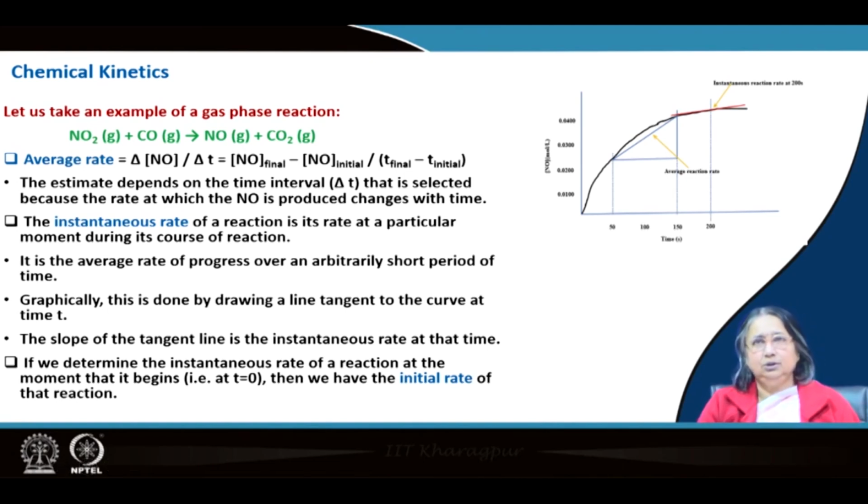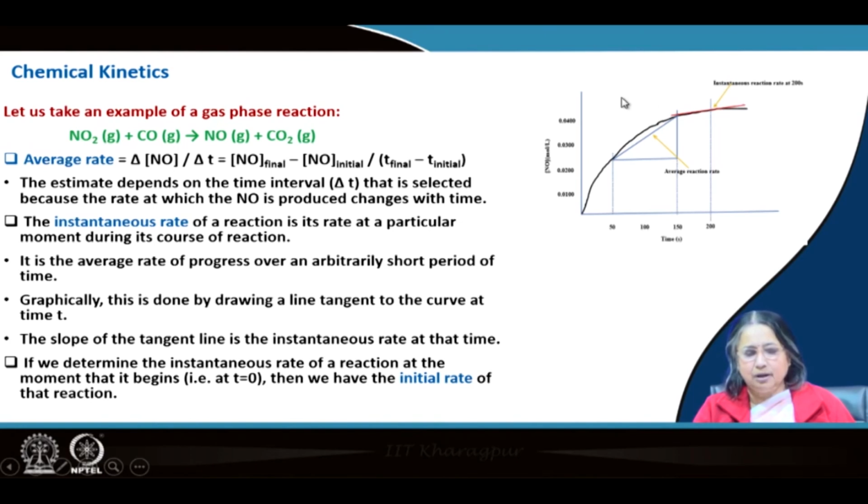But then to determine the instantaneous rate, say for example, at this point at 200 second you want to know the instantaneous rate or instantaneous speed, then what you will do? You have to draw a tangent at this point, and then you may extrapolate it, say for example up to 150 and then here up to say 250.